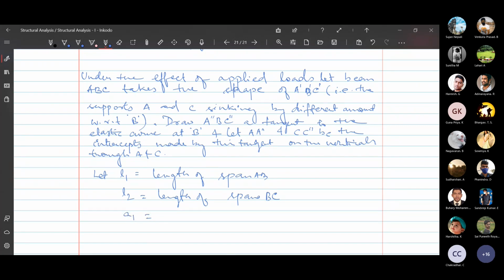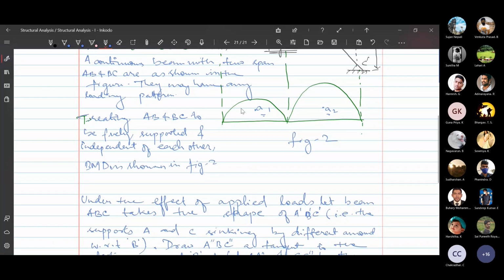A1 is the area of BMD for span AB. We have considered these two as simply supported beams, so the bending moment diagram has been drawn by considering them as simply supported.